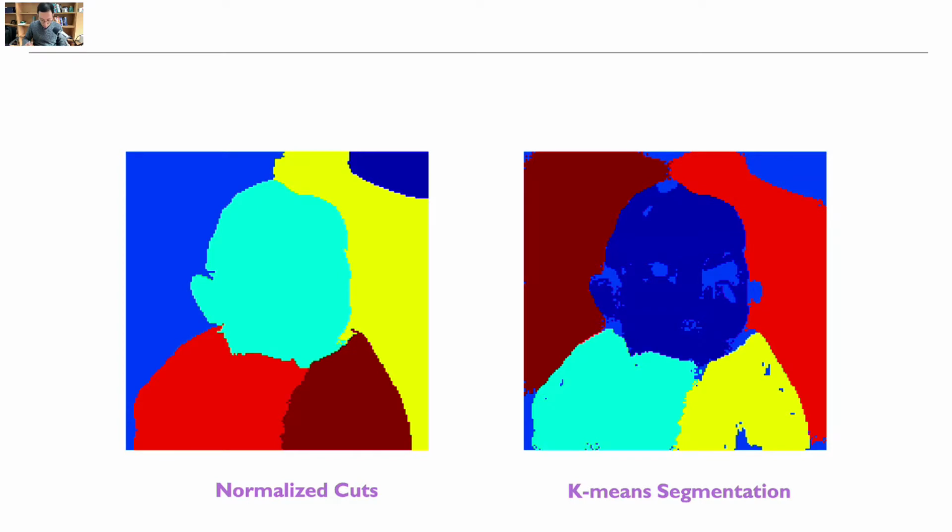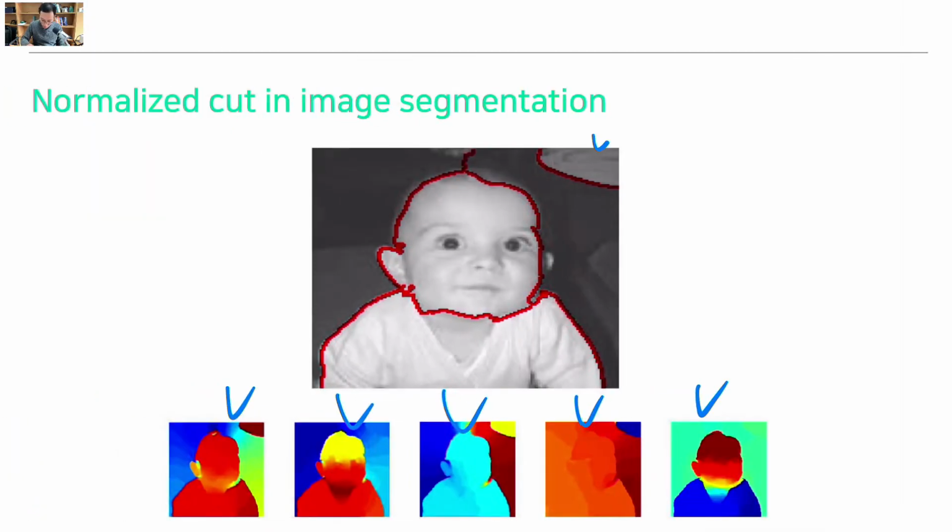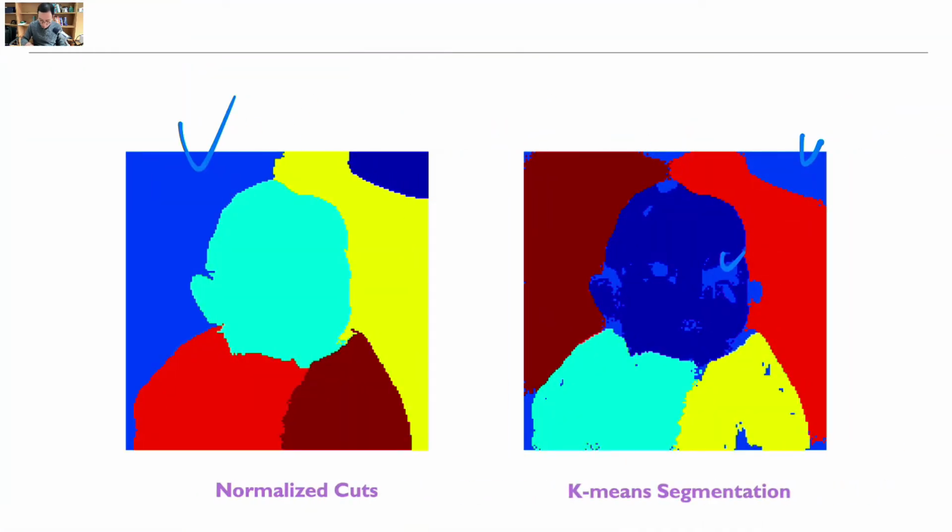Compared to this, the pixel-wise k-means considers the RGB values, so there are some similar pixels here, right? It's gray and gray here, some around the ear. So we have some weird result, but when we consider the multiple eigenvectors, we get better segments.